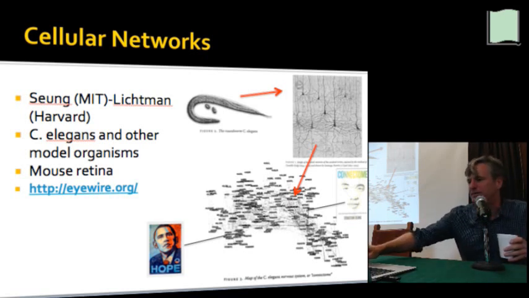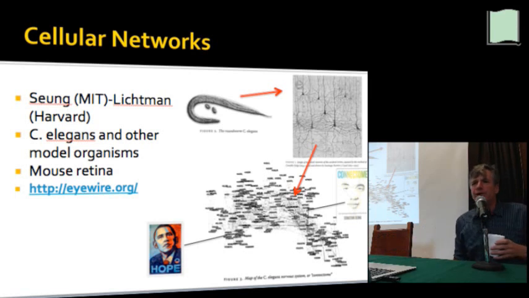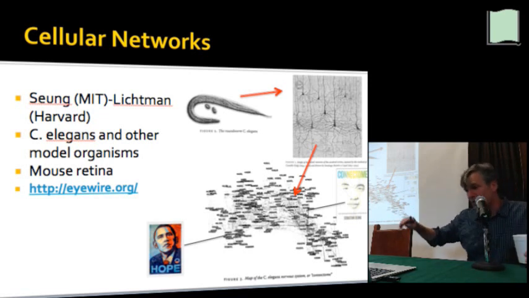Now, a few years ago, Obama decided to fund a major brain research initiative, and it's really at this level of organization that he's primarily interested in, looking at electrophysiological interactions among the cells at that level of organization in the nervous system.